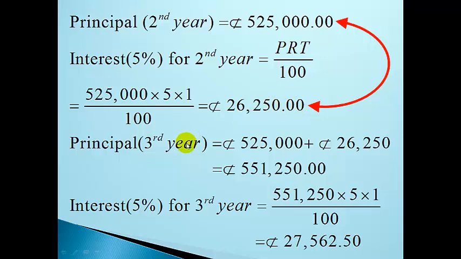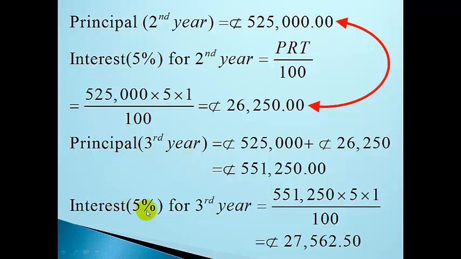So we are compounding the interest. So the principal for the third year will be equal to 525,000 plus 26,250, and this is equal to 551,250 cedis.